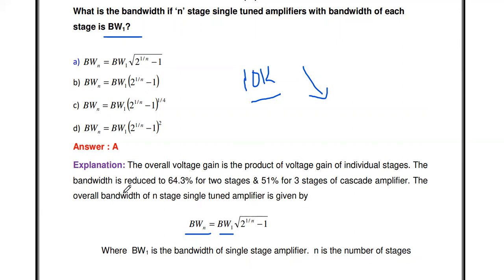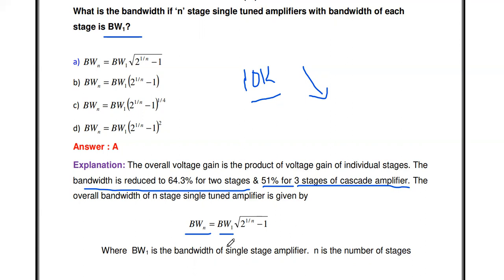That is, if we use two stages, the bandwidth is reduced to 64.3% of its 10 kilohertz. Similarly, if you cascade three such stages, it is reduced to 51%, nearly 5 kilohertz.